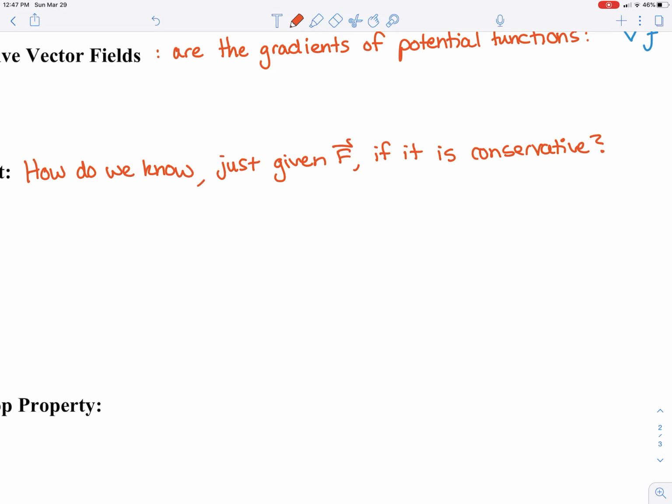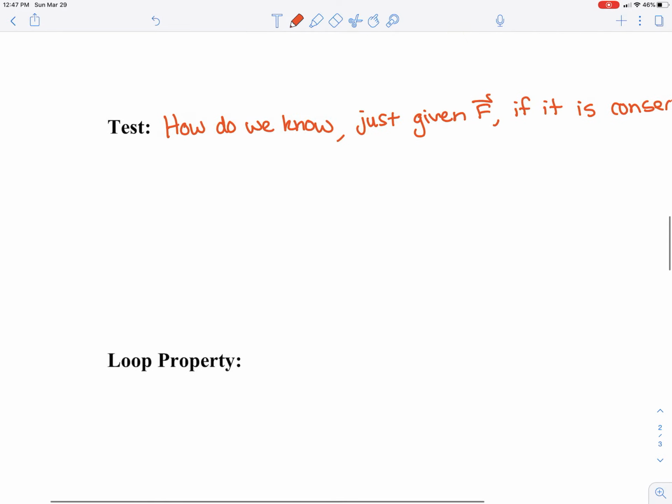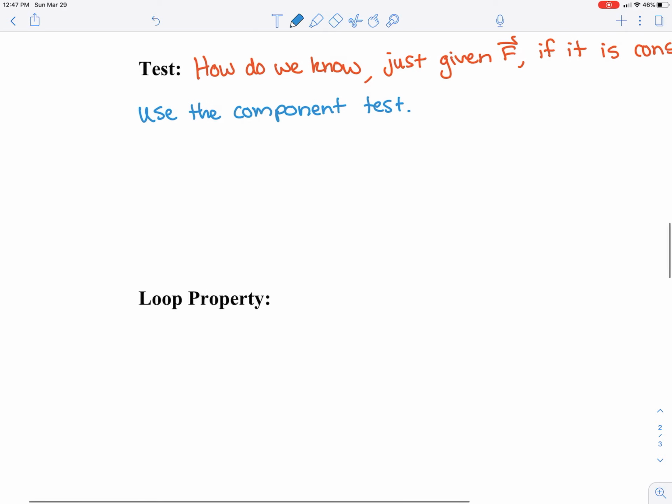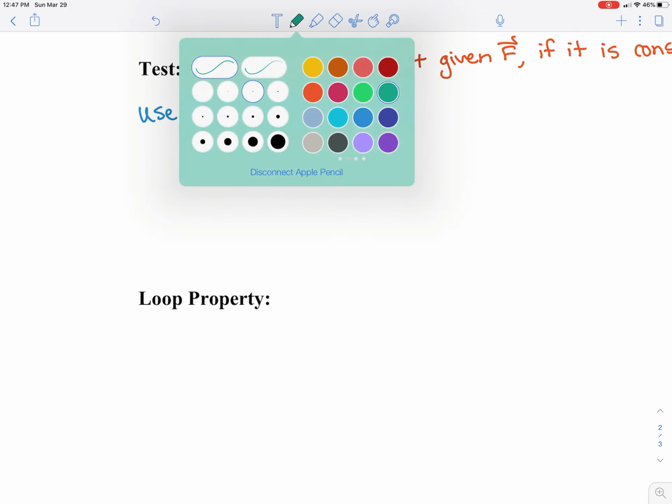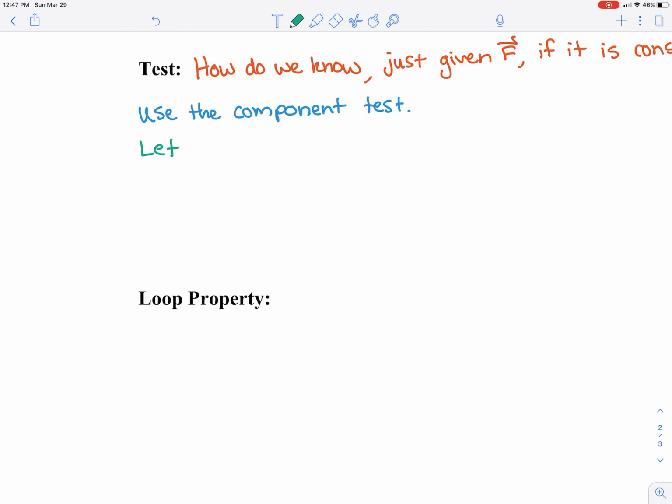So we have something called the component test. So we use the component test. And this is what the component test looks like. Let your vector field be Mi plus Nj plus Pk.